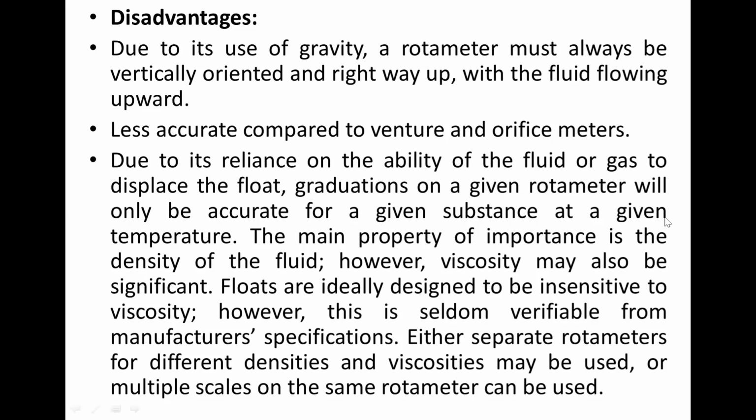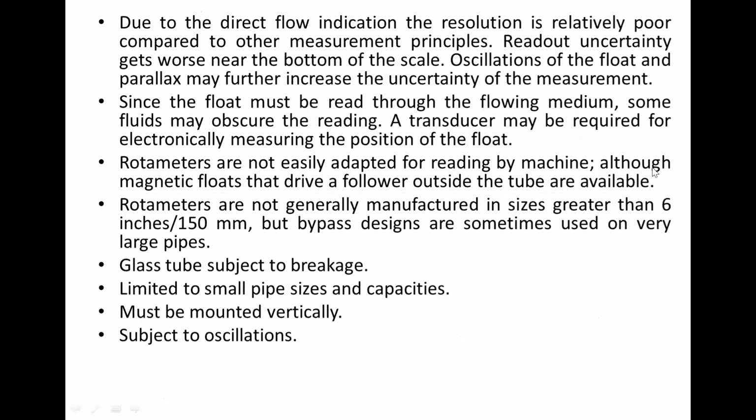The floats are ideally designed to be insensitive to viscosity. However, the float is also influenced by certain fluid conditions. So separate rotameters for different densities and viscosity may be used, or multiple scales on the same rotameter.